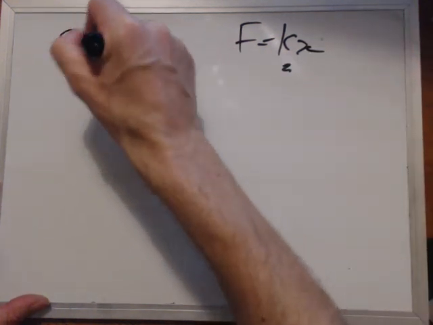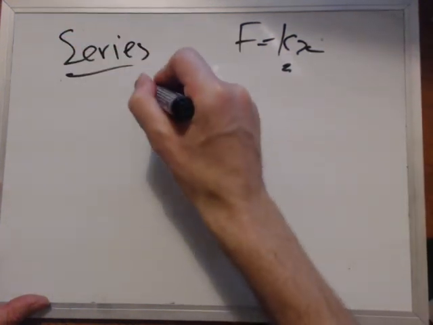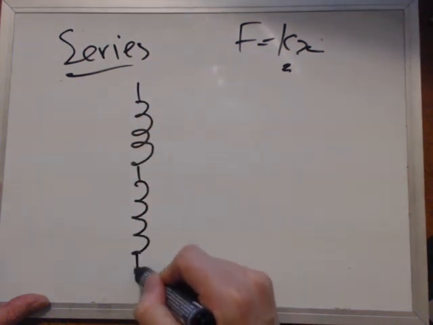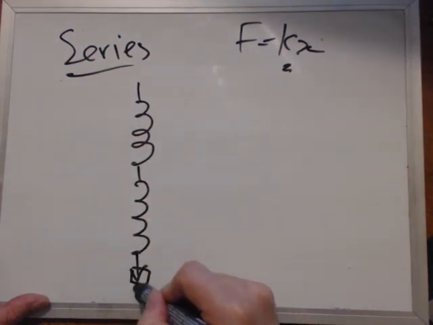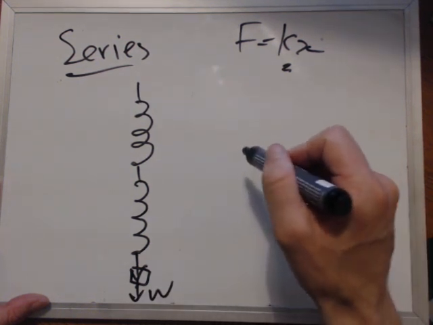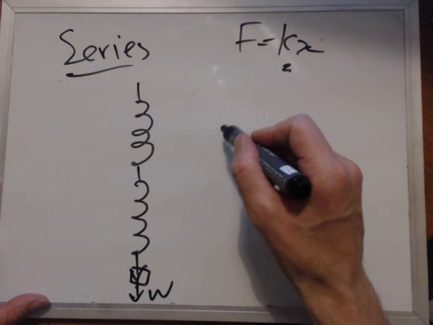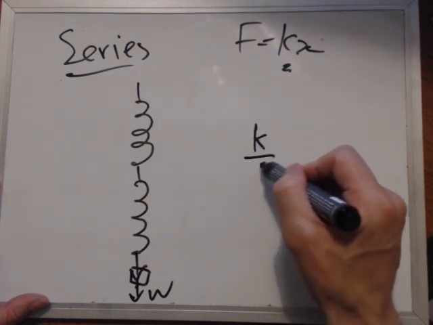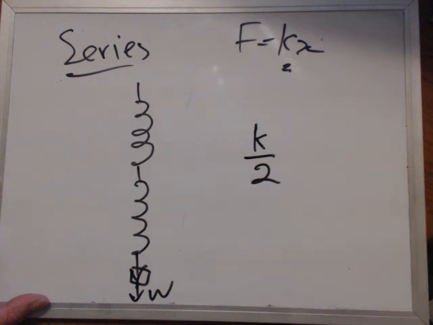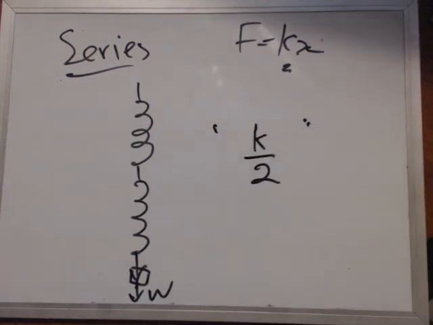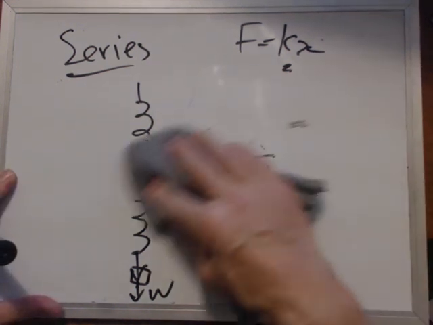If they were in series, like this, and this is the weight W on the end, you'd find effectively that the spring constant would halve. So the effective spring constant there would be half of that for simply one spring.